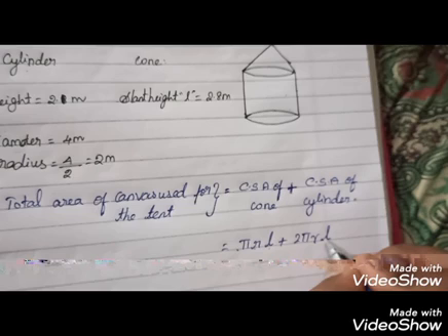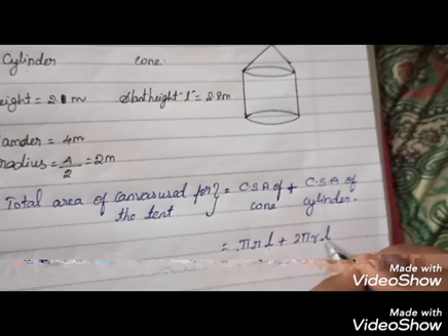So 22 by 7 into the radius 2 meter. Radius is common for both. So already I told radius of a cylinder and radius of a cone are same. So radius is equal to 2 meter. So now I have to substitute 2 meter into L, that is 2.8 meter, plus 2 into height, that is 2.1 meter. 2 into 2.1 meter.